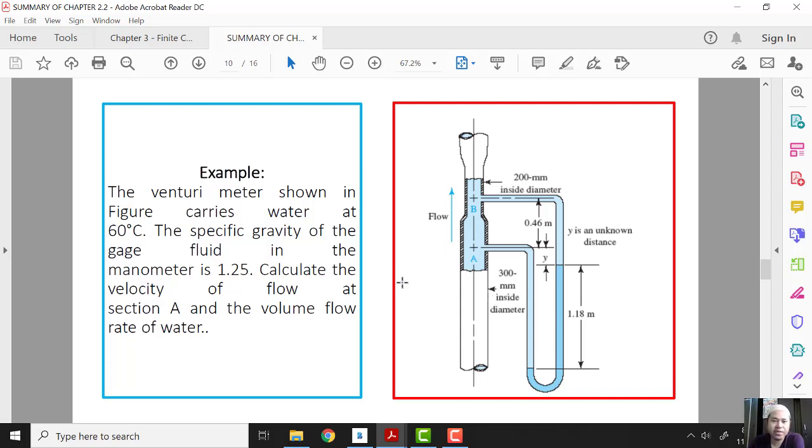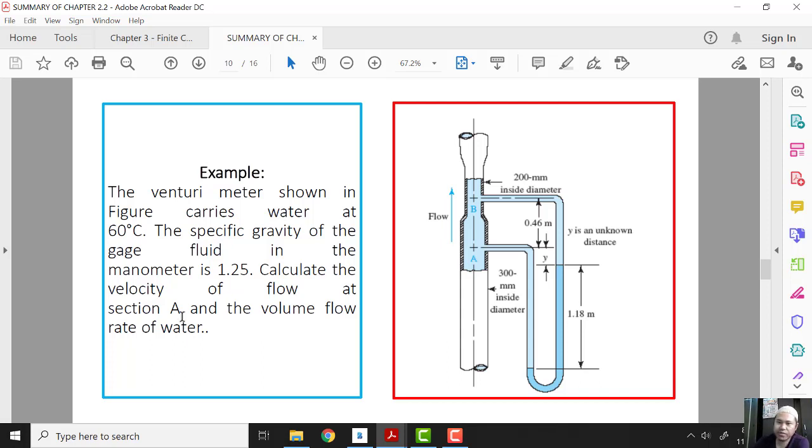We have an example where the Venturi meter shown in the figure carries water at 60 degrees Celsius. The specific gravity of the gauge fluid in the manometer is 1.25. This refers to the gauge fluid inside here. Calculate the velocity of flow at section A and the volume flow rate of the water. What is given to us?